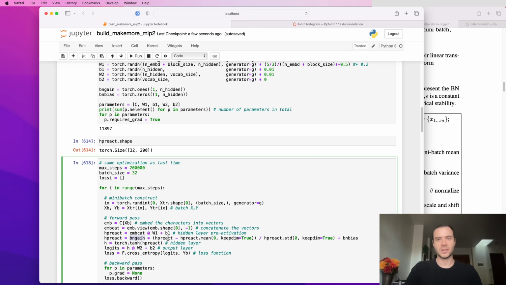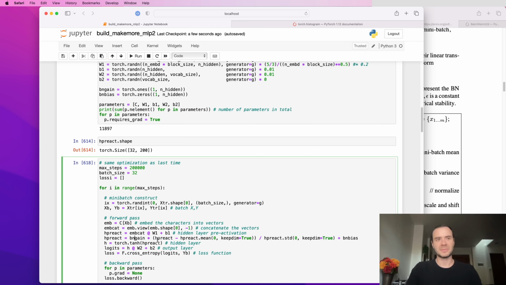So because this is initialized to 1 and this to 0, at initialization, each neuron's firing values in this batch will be exactly unit Gaussian and will have nice numbers. No matter what the distribution of the hpreact is coming in, coming out, it will be unit Gaussian for each neuron. And that's roughly what we want, at least at initialization.